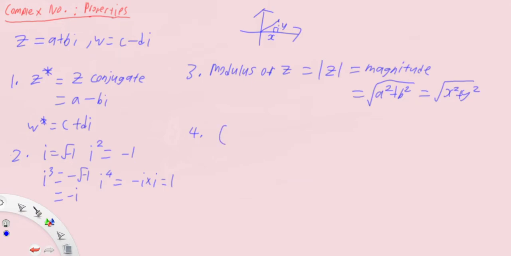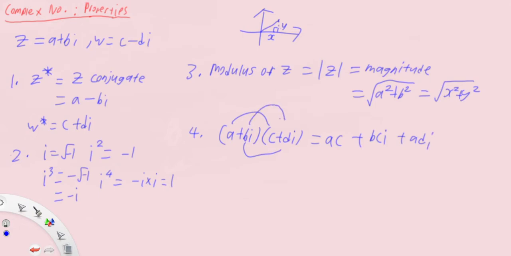First part is your basic algebra. If I have a plus bi times c plus di, the rainbow method, whatsoever, applies as well. So let's say I have ac plus bci plus adi. Now, you have to be careful here.